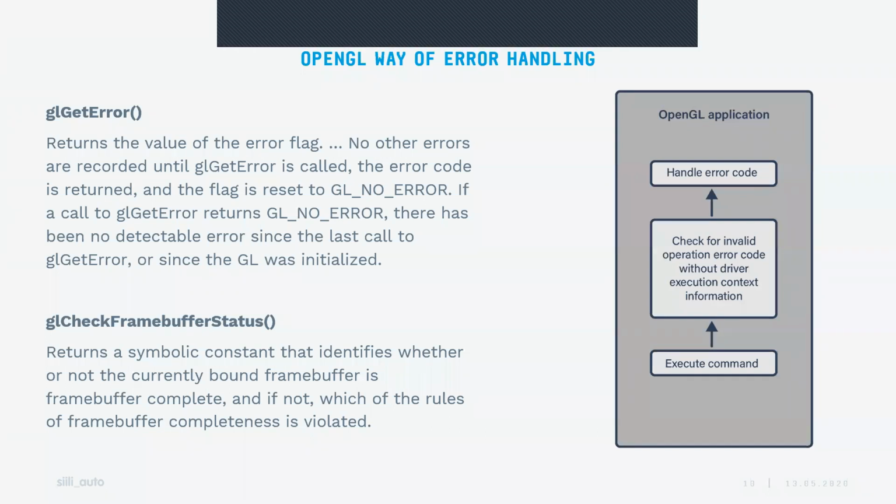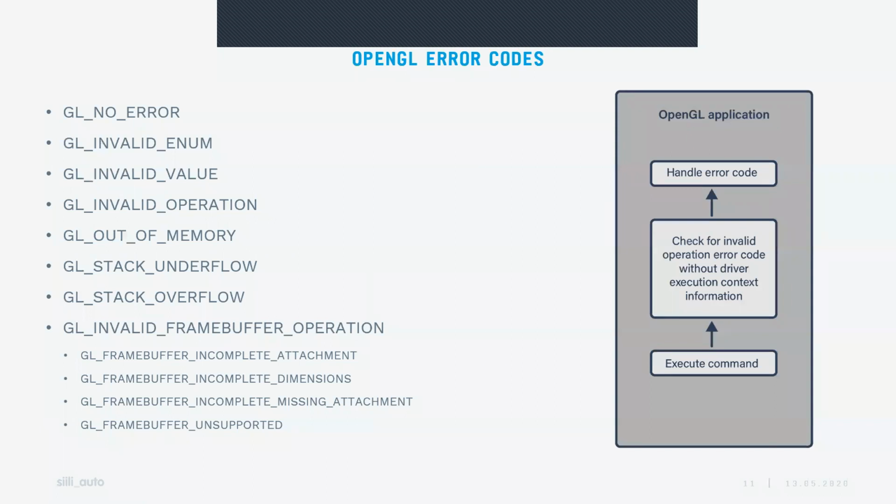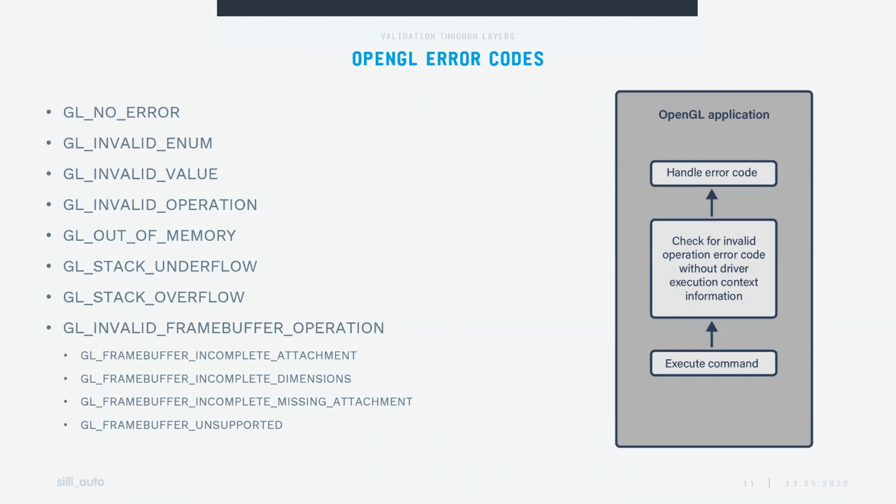But these error codes are not very descriptive, and they don't give you much information about the context of the function execution, or why exactly the way you call the function is wrong. So you have this information, but it's not enough.